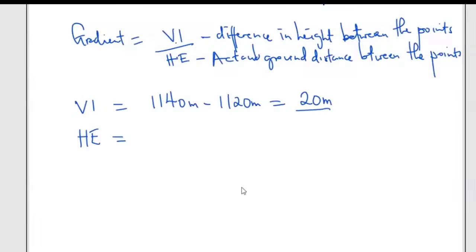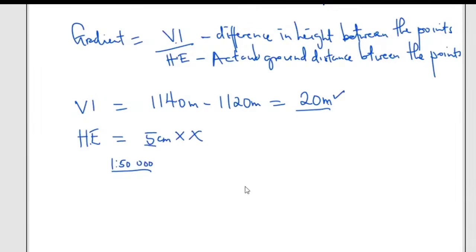How am I going to get my HE? I am now saying my measurement is 5 centimeters. I need to convert this according to the scale of the topographic map, which is 1:50,000. And remember what I need to do here. I need to make a fraction with the value of VI, which is already in meters, versus the value of HE, which must also be in meters. So how am I going to convert a scale of 1:50,000 to convert the actual ground distance into meters after finding out that the distance on the map is 5 centimeters?